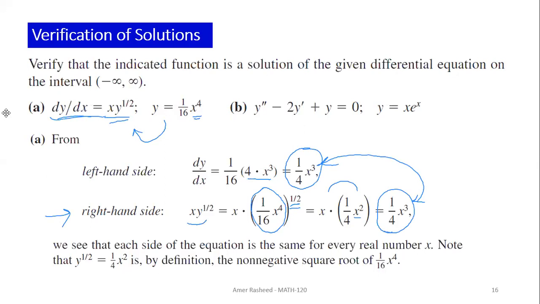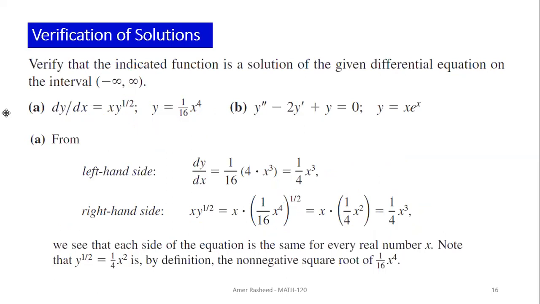Means left hand side is equal to right hand side if we insert this function into this differential equation. So this is basically the solution of the differential equation, and this solution is valid on this interval, which is the set of real numbers. It is possible that a solution is valid or holds on a particular interval, for example -5 to 5, or 0 to 1, or many.